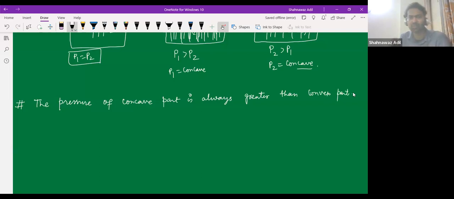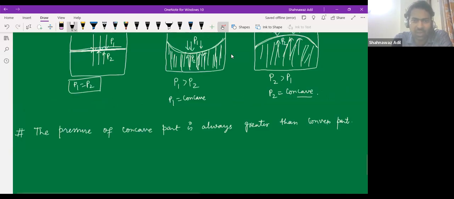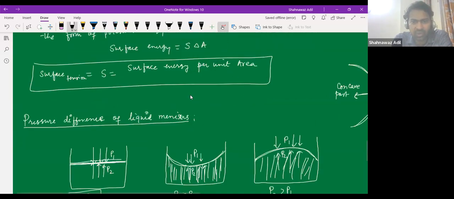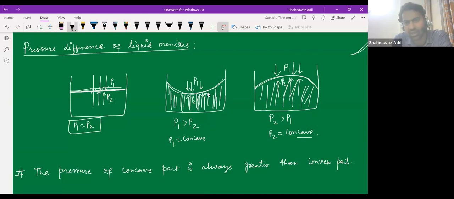Is this point clear, guys? Yes, sir. Okay, so now we know the pressure difference. There is a proof of this thing, but we will not get into it. This happens due to the surface tension.